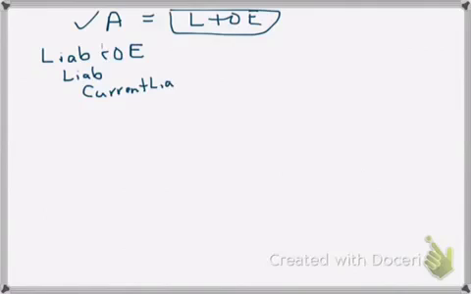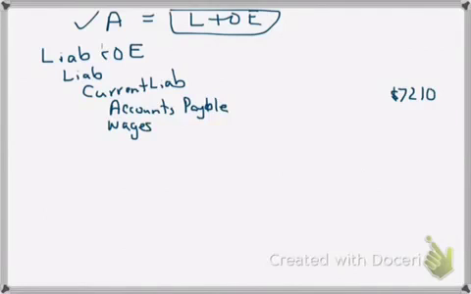Now remember, these are things that are going to be paid within the year. So in this case, we will have the accounts payable amount, and that is valued at $7,210. We would have the wages payable, and that is at 810.